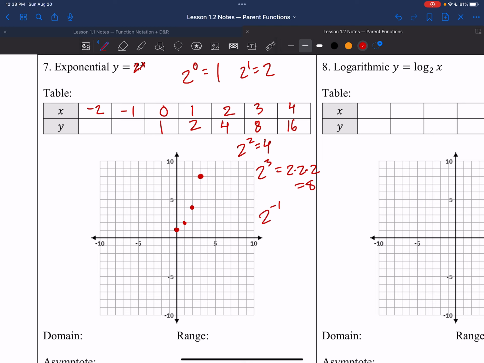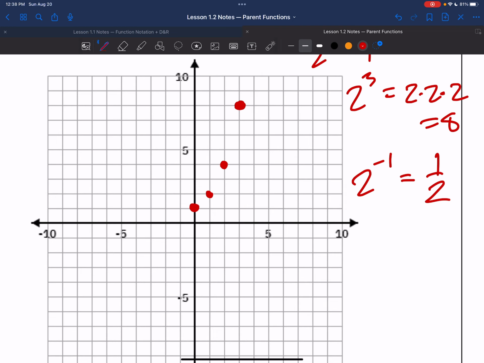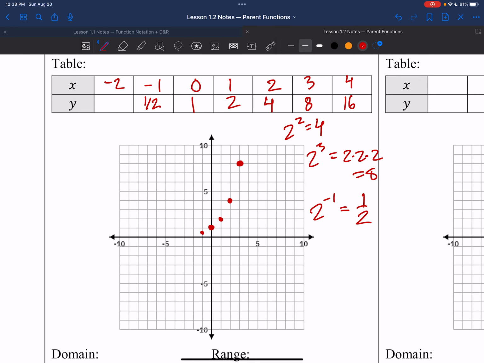But now what's going on the left side? What's 2 to the -1? I'm not going to bother telling you the exact rule today, okay? 2 to the -1 is 1/2. And that's what people with calculators are going to find. So -1, comma, 1/2. And like I said, we want to avoid those, but at some point, you're going to have to.